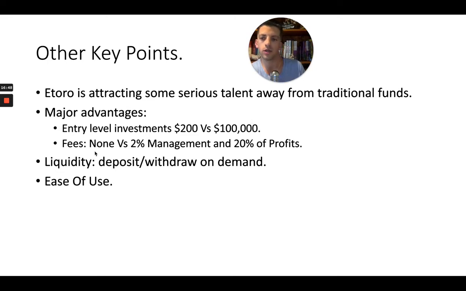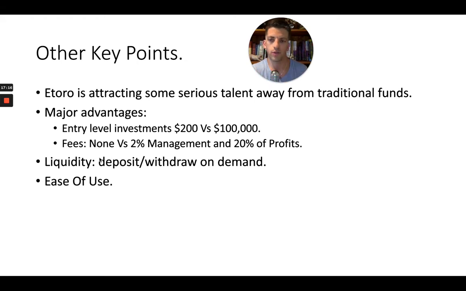The next thing is the fees. Not only can you get in for a minimum of $200 if you want to copy trade, but you've also got your fees to contend with. There's no fees for you to copy my portfolio. eToro pays me. They make money off you from the spread, as we've just discussed. Compare and contrast this to a hedge fund, a private hedge fund, or even a publicly listed hedge fund.